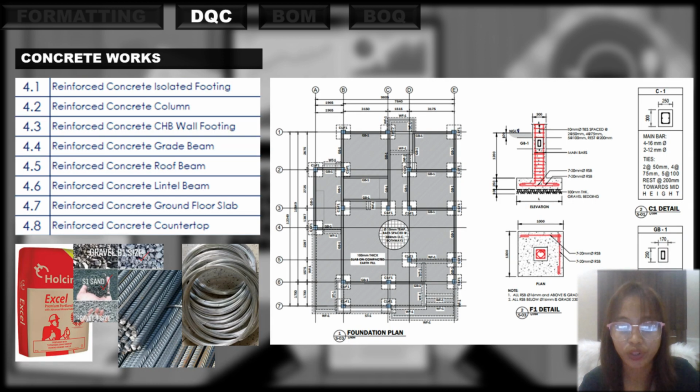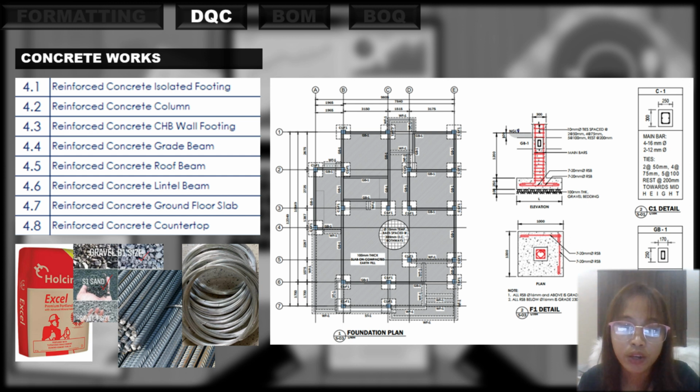For concrete works, we still refer our estimate as per structural plan, mainly on the foundation plan, details, and cross-sections. Concrete works involve calculation of volume of concrete, then estimating the number of Portland cement, sand or S1, gravel or G1, and then the number of rebars needed, including the number 16 GI tie bars.